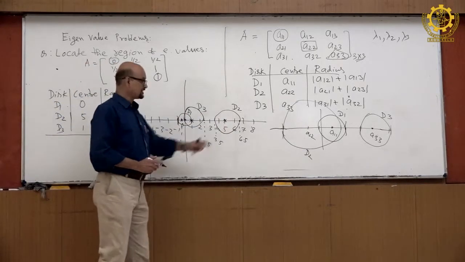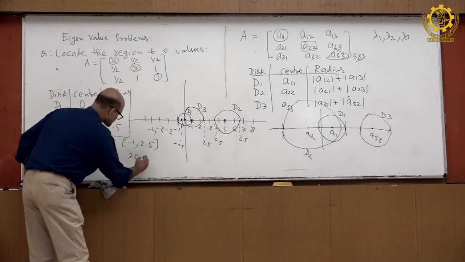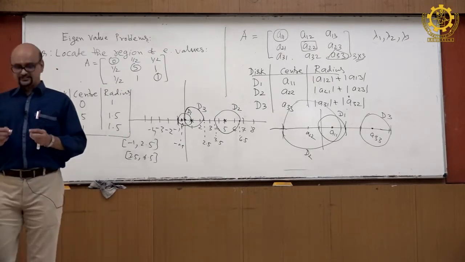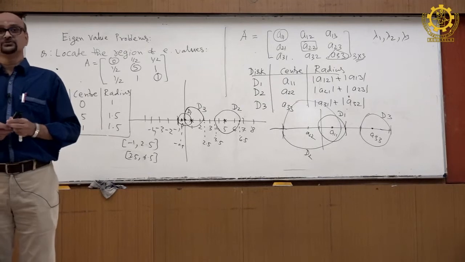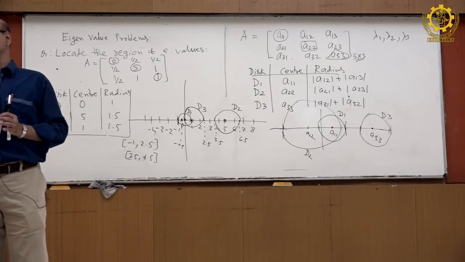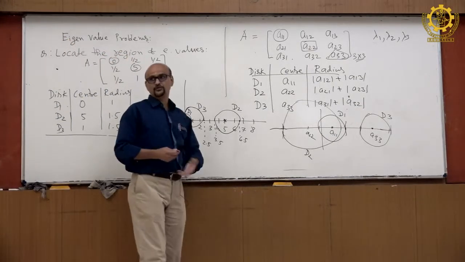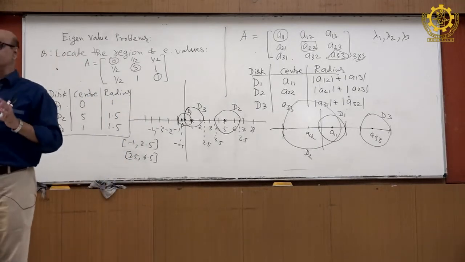The third one will be from 3.5 to 6.5. Okay? So, in this way very easily you can have an idea about inclusion of the eigenvalues for a particular matrix. So, it was 3 by 3, like that I can extend to 4 by 4, 5 by 5 just to have an idea of the eigenvalue region.